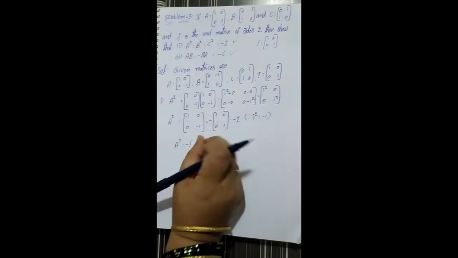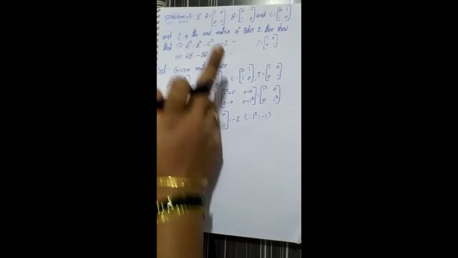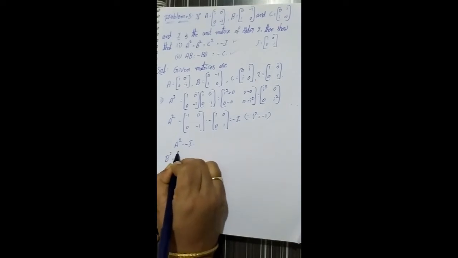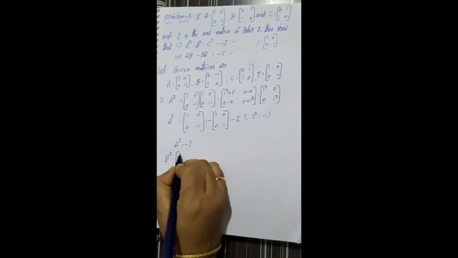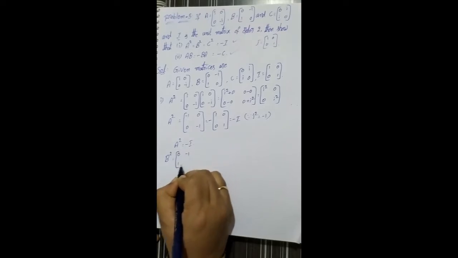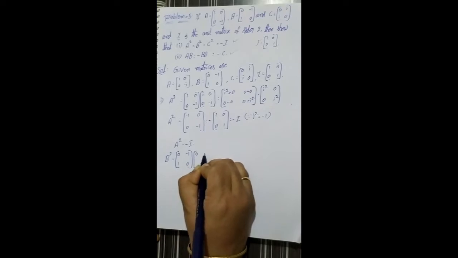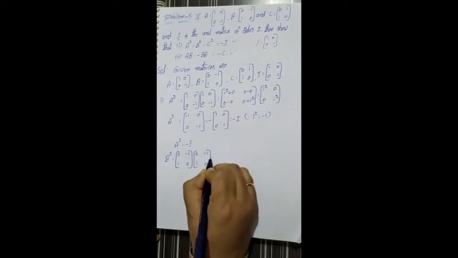Next, similarly we have to find B squared and C squared. Then B squared equals matrix B into B, [0, -1; 1, 0] into [0, -1; 1, 0].